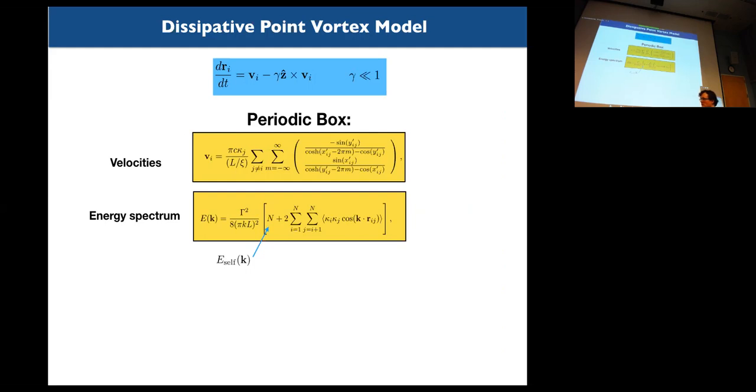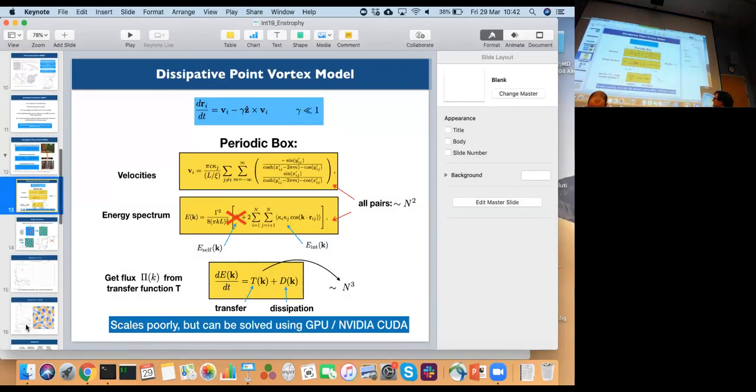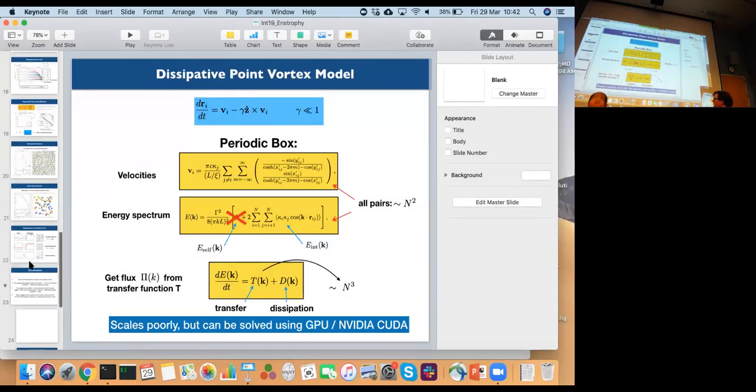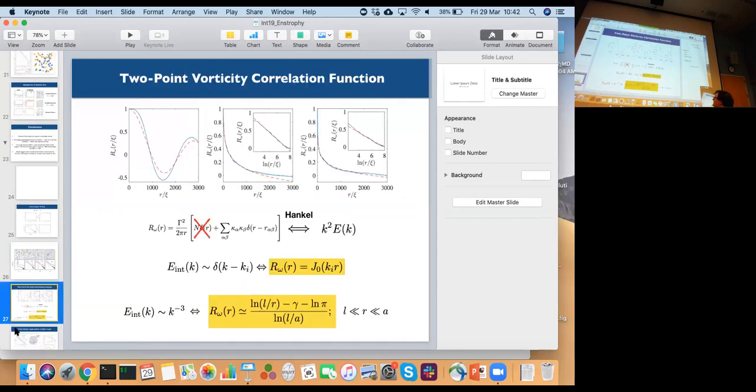But then this would be a problem also for a GP simulation. Yeah, that's exactly right. What you can do instead is look at two-point vorticity correlation functions, because they map with a Hankel transform, and you get the same thing in the two-point vorticity.